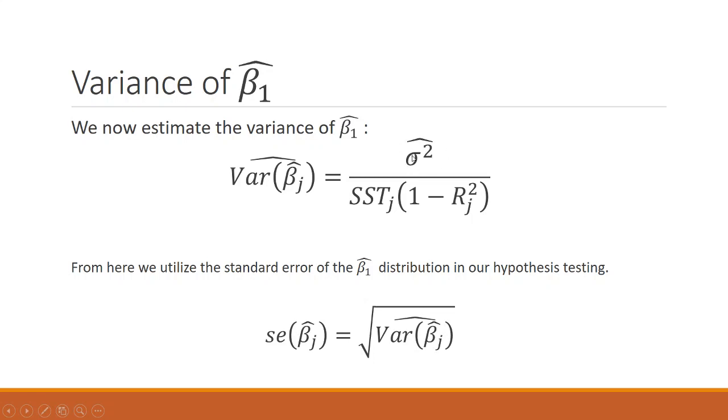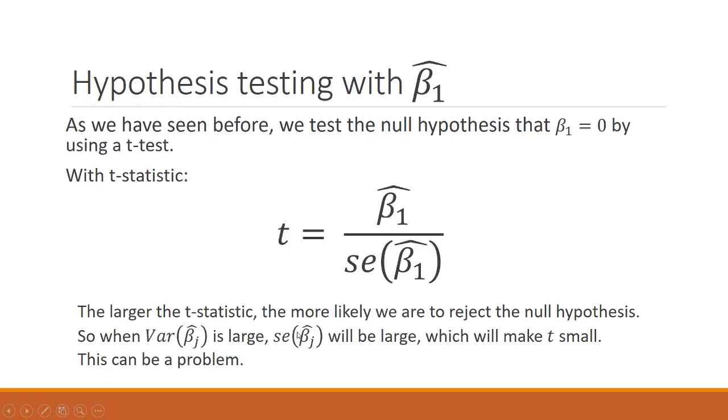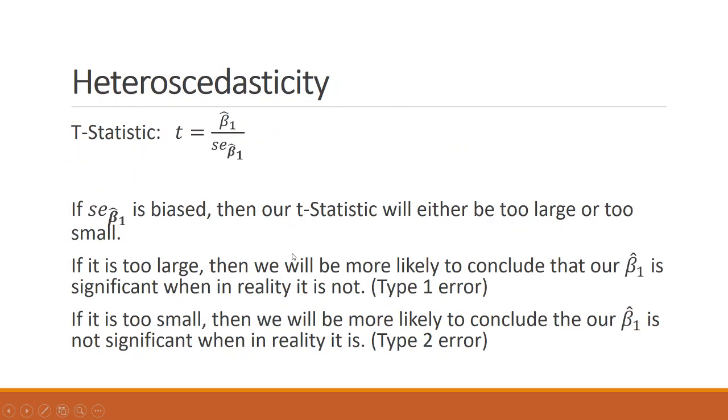If it's not constant, then we're going to get a biased estimate of the variance of the coefficient. If the variance of our coefficient estimate is biased, then our standard error will be biased. If our standard error is biased, then our t-statistic will be biased. And if our t-statistic is biased, then we will have a difficult time doing our hypothesis testing.